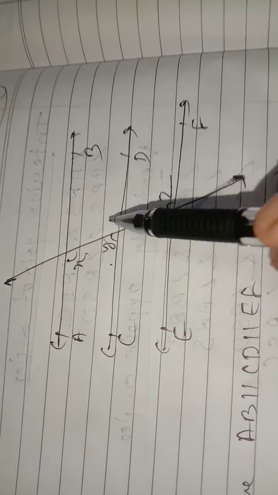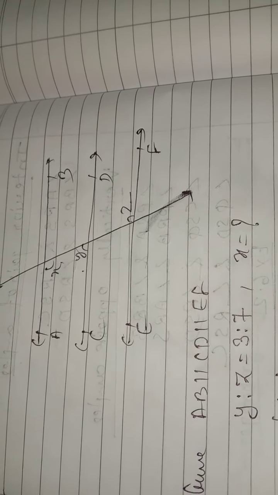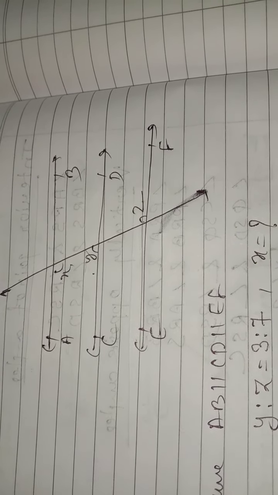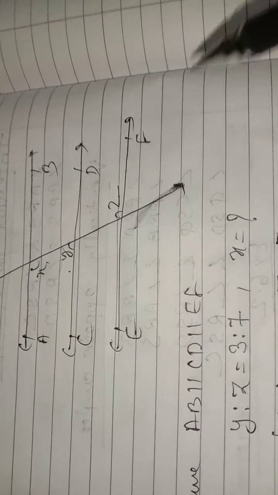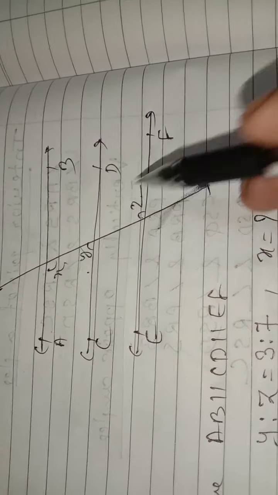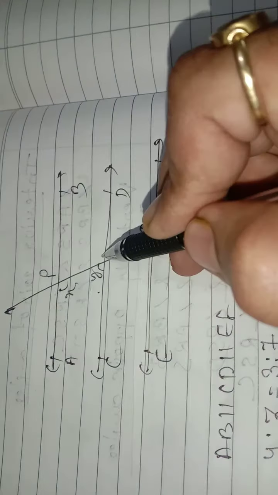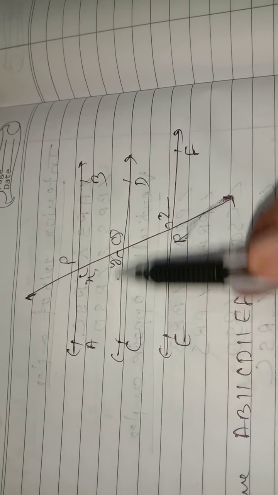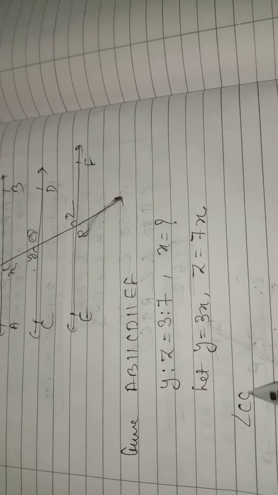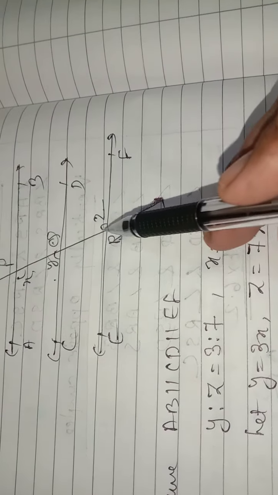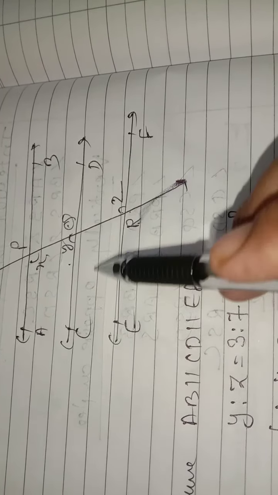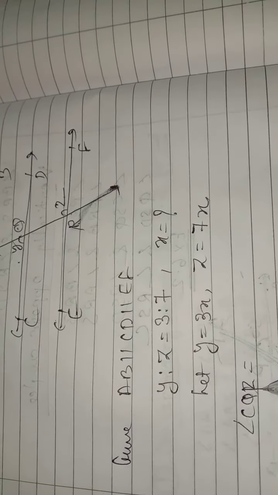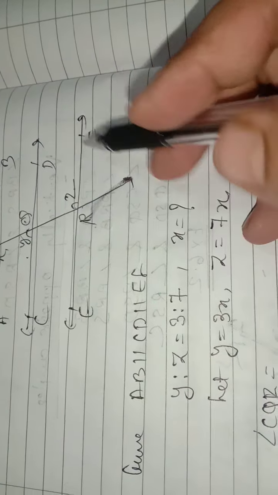So what will you do here? Can we say that let y is equal to 3x and z is equal to 7x. Okay, so if z is 7x, can we write now here like P, Q and R. So can we write angle CQR is equal to angle QRF?